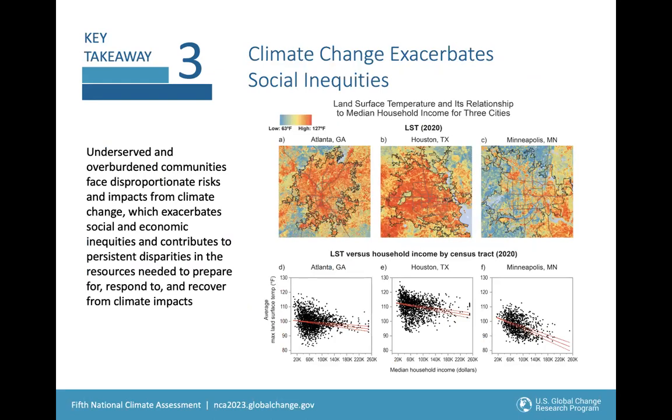Next, equity and justice are major themes across the report, not just in the social systems and justice chapter, which is new to the NCA, but a thread running through nearly every chapter of the report.